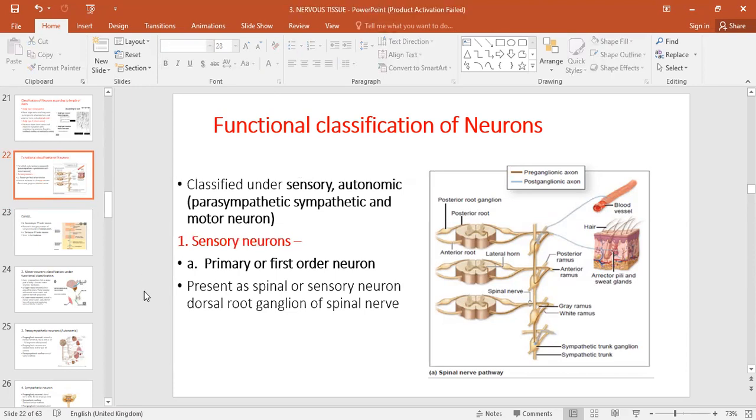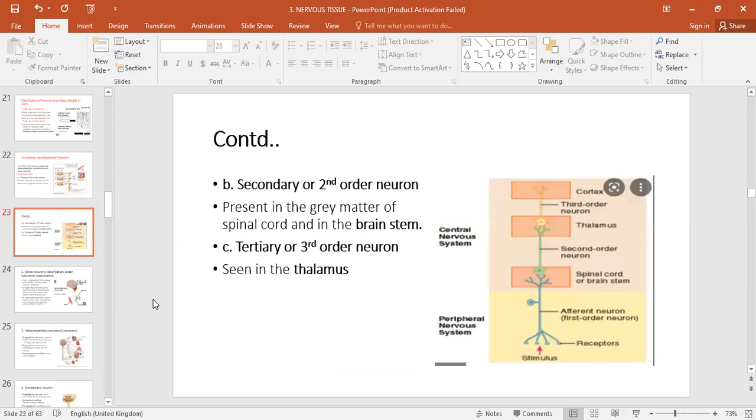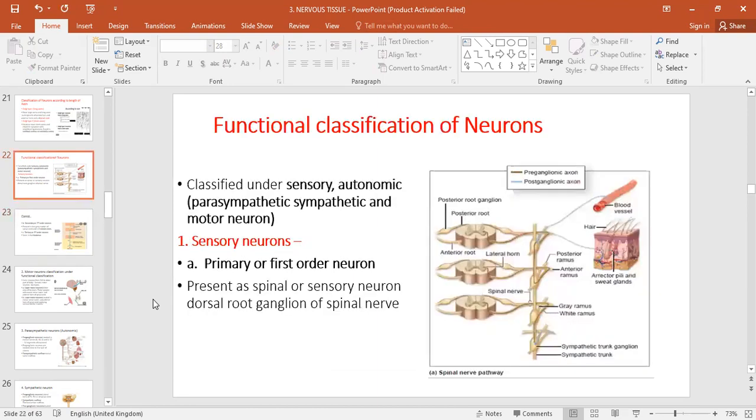Okay. And they are given further names as primary, secondary, or tertiary. So the first nerve, for example, in the skin, this is a nerve receiving, for example, stimuli of coldness, to know that the skin is cold, the temperature there is cold. So the first nerve to receive that, we'll call it the primary neuron.